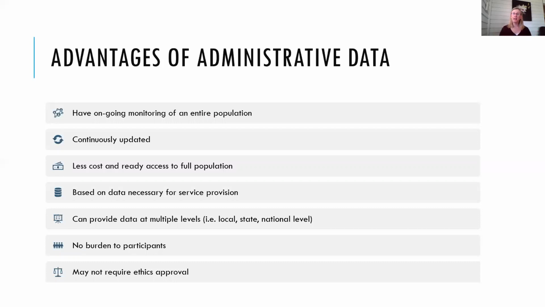It can provide data at multiple levels. I can look nationally, I can look at the state level, or even by the city. So we can consider, well, what unit of analysis do we want to include in our study? And do I need this much data or this much? So having a large data set from an administrative agency, I could really use to my advantage.